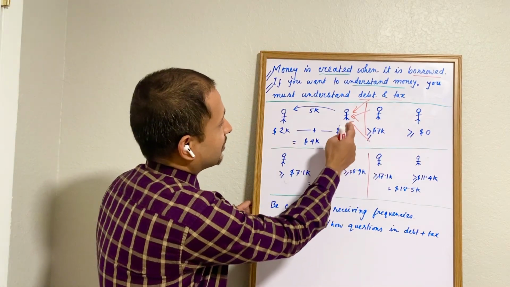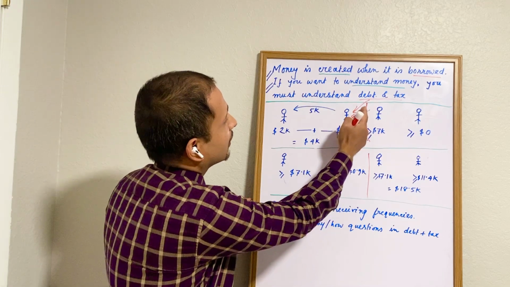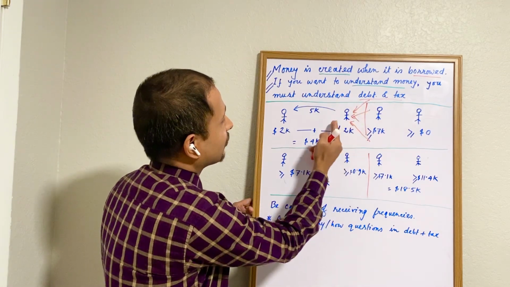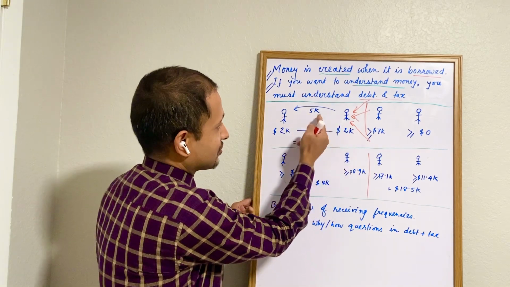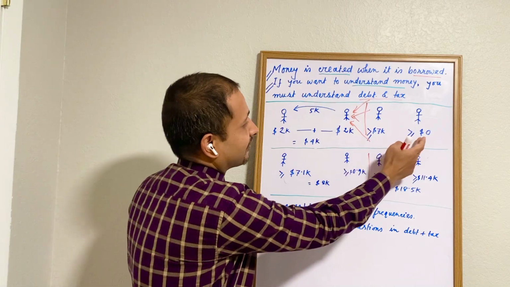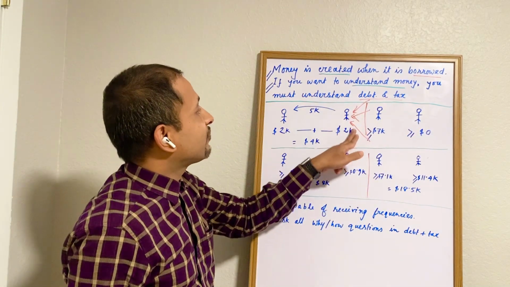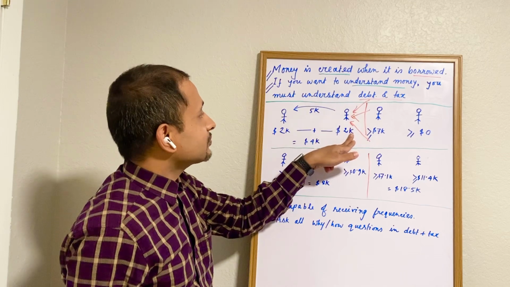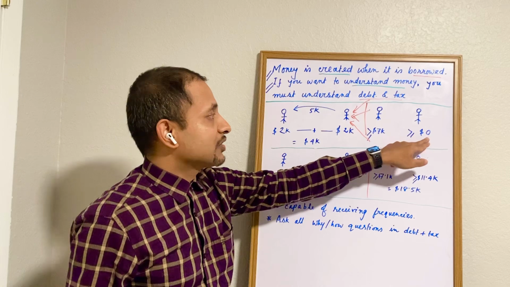Now this person over here, if he borrows $3,000 to give this guy $5,000, then all of his $2,000 is gone, and he has $0. Or if he borrows all $5,000, then he still has $2,000.